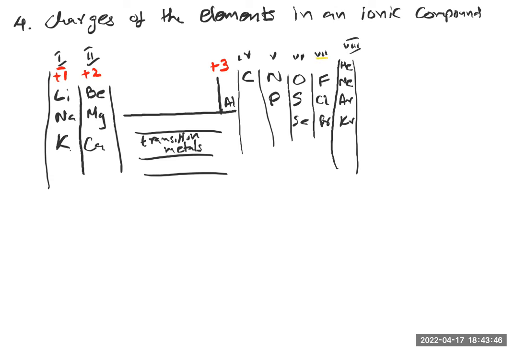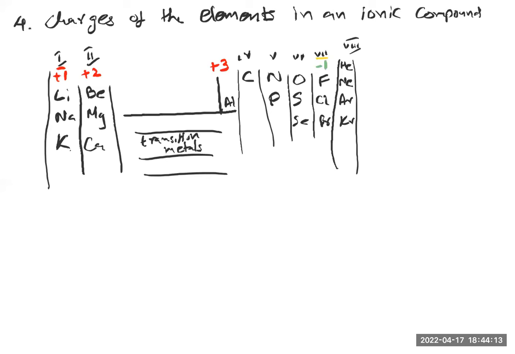If they have 7 electrons, it is easier for them to gain 1 electron and become like a noble gas rather than losing 7 electrons. Losing 7 electrons will cost them a lot of energy. So instead, they will gain 1 electron and become like a noble gas. If they gain 1 electron, they're going to gain a negative charge. Therefore, they're going to have the -1 charge.